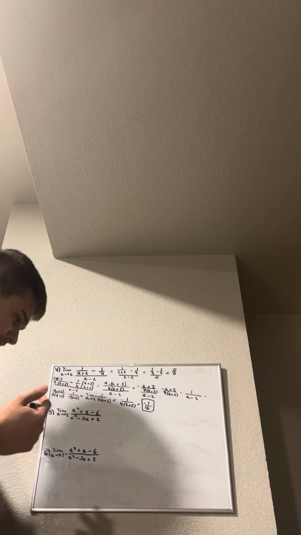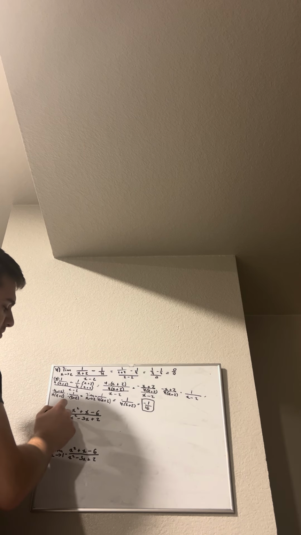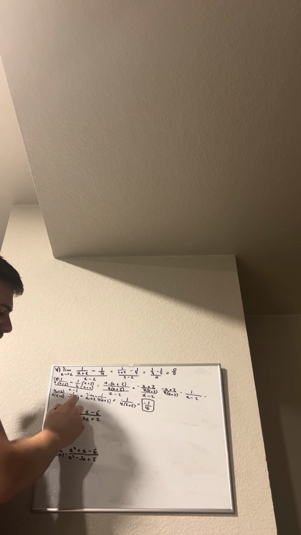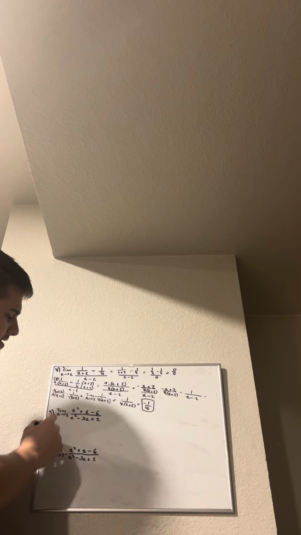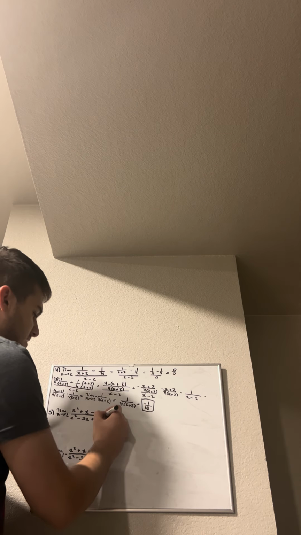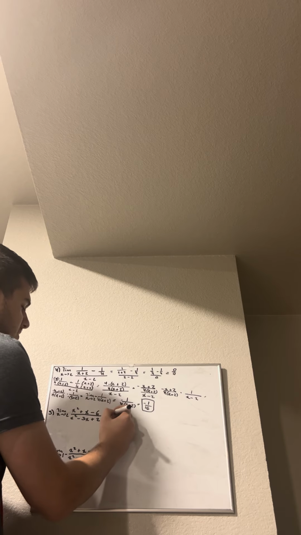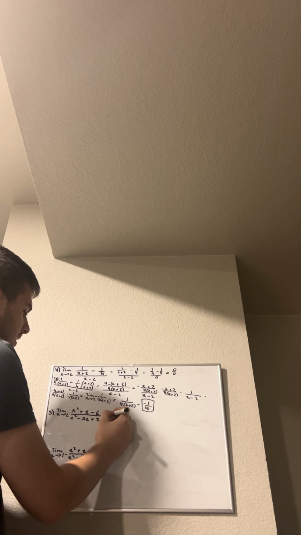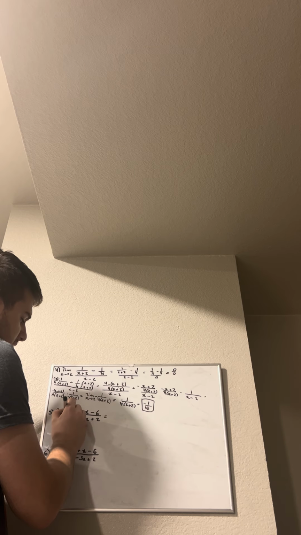Now the second problem in this case, we have the limit as x approaches 2 of x squared plus x minus 6 over x squared minus 3x plus 2. So we can first use direct substitution. We want to plug in the 2 value over here.